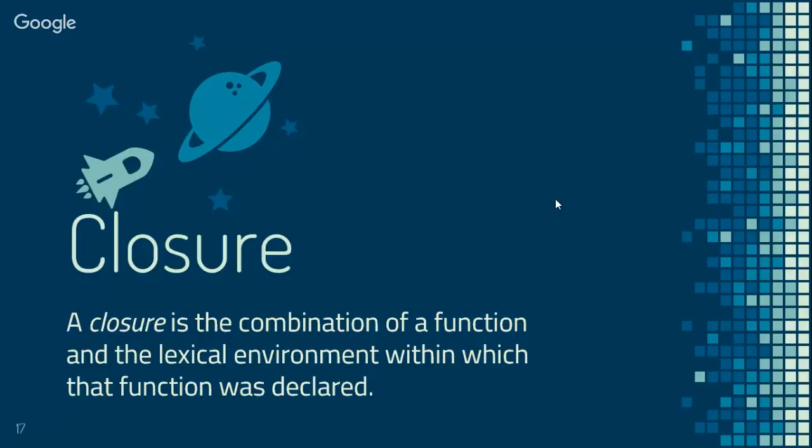So this has obvious parallels to object-oriented programming, which you'll learn a bit later in the course. In object-oriented programming, objects allow us to associate some data, so the object's properties, with one or more methods.